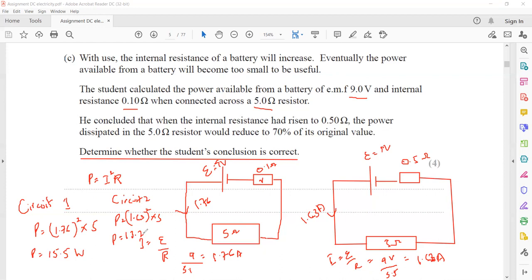So 13.2 divided by 15.5, that is the total change in the power, because in the question he concluded that when internal resistance has risen to 0.5 ohm, the power dissipated in the 5 ohm resistor will reduce to 70% of its original value.